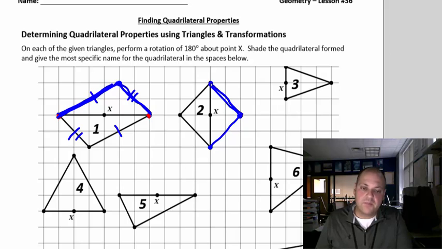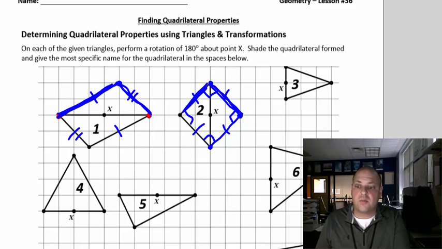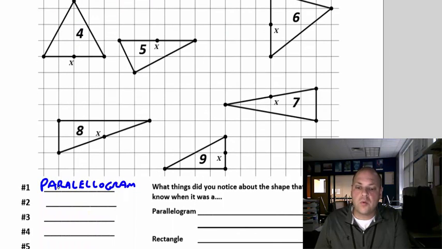Well, this time, it looks like we have right angles. And see how this side is up 2 over 2, and this side's over 2 and down 2, 2, 2, 2, 2. So these sides are all equal, so it looks like we created a square. So in number 2, we're going to put square.